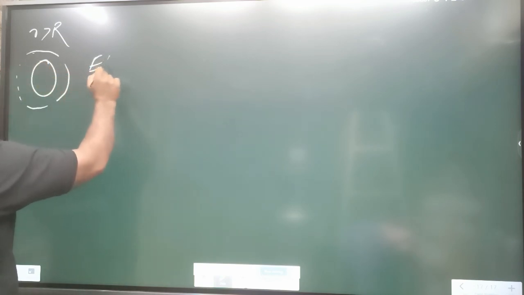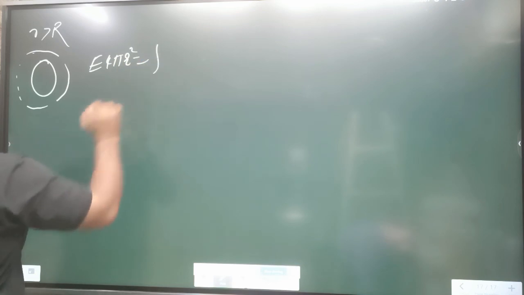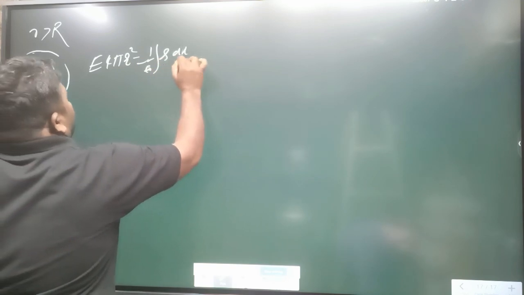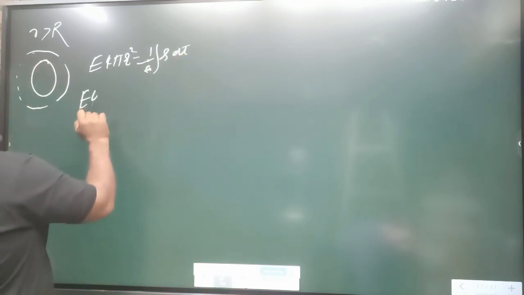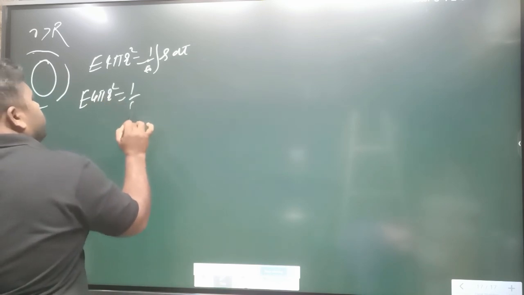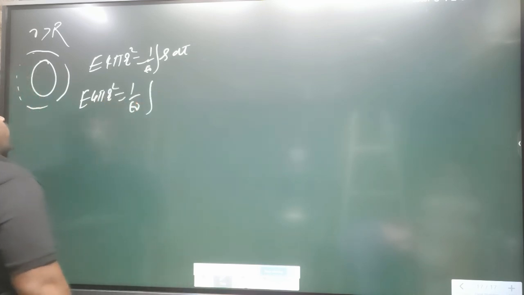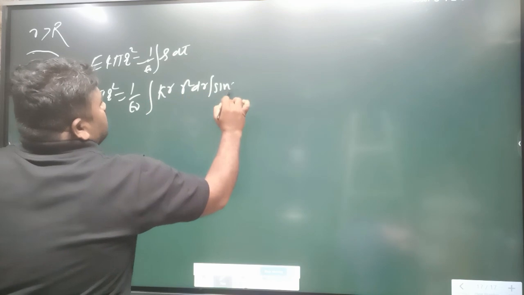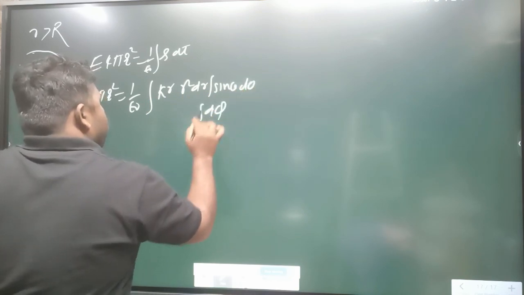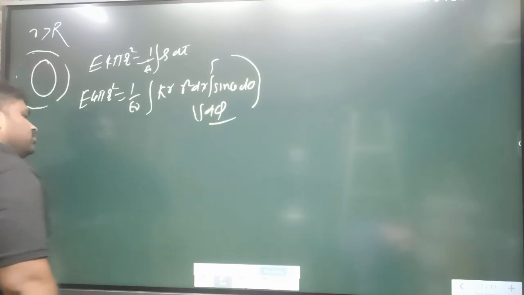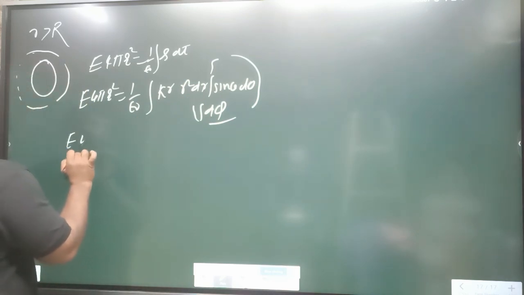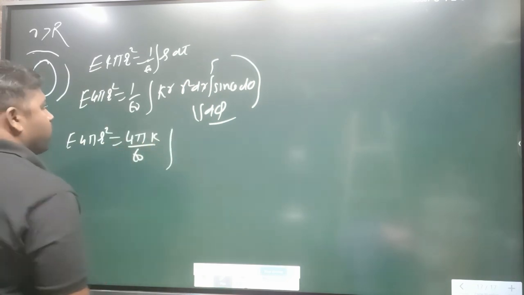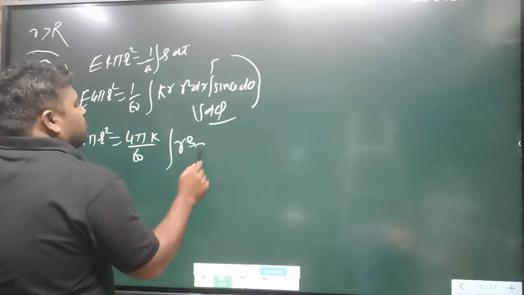E 4 pi small r square is 1 by epsilon naught integration of rho dV, where rho is kr and dV is r square dr sin theta d theta d phi. So E into 4 pi r square is 4 pi k upon epsilon naught integration of r to the power 3 dr.